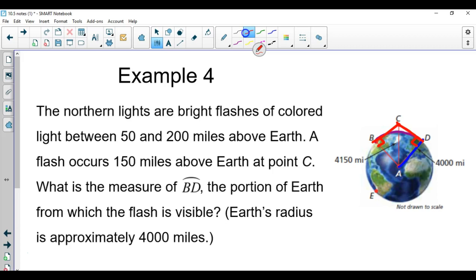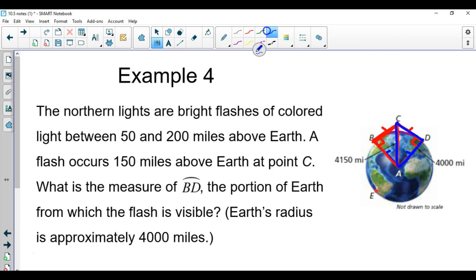What we also know is these are both 4,000, and these are equal. So by side angle side or HL, we know that this triangle and this triangle are congruent.